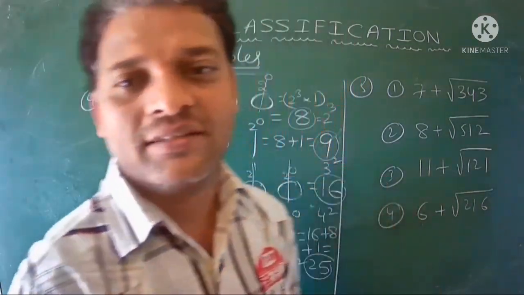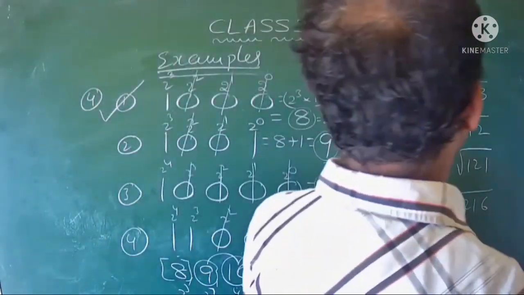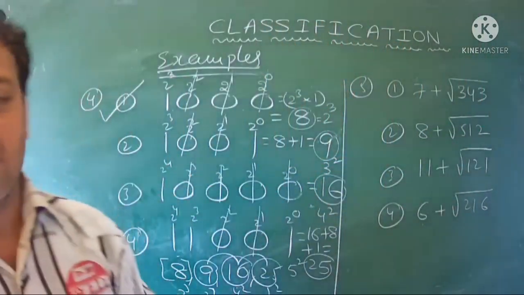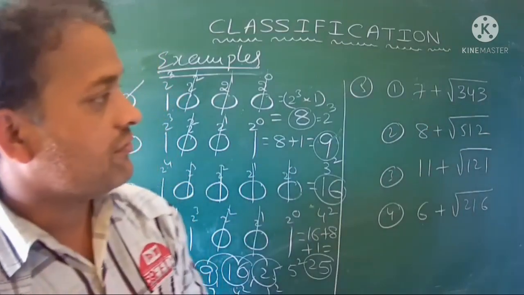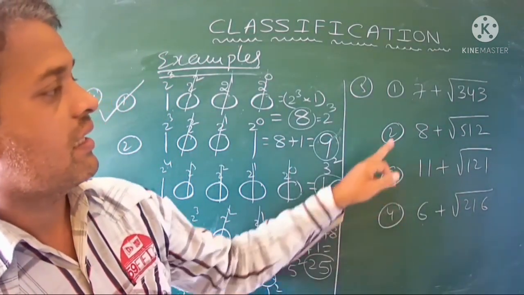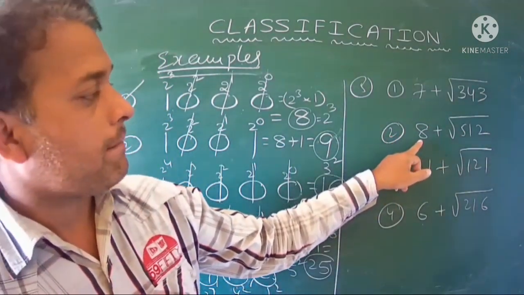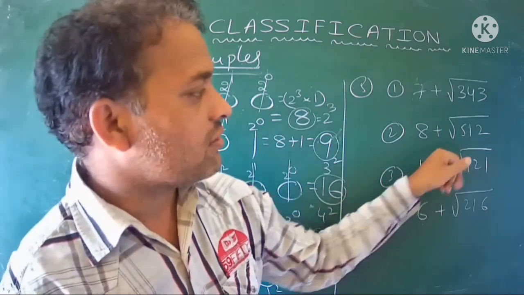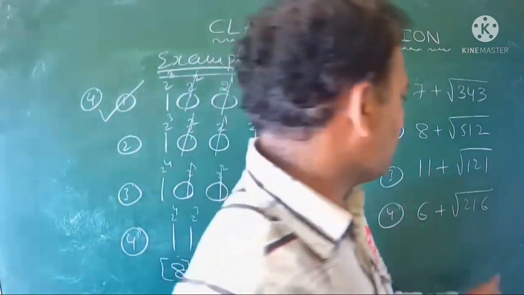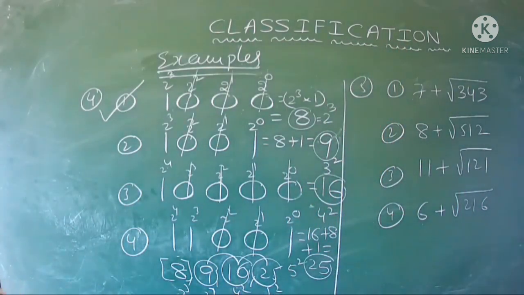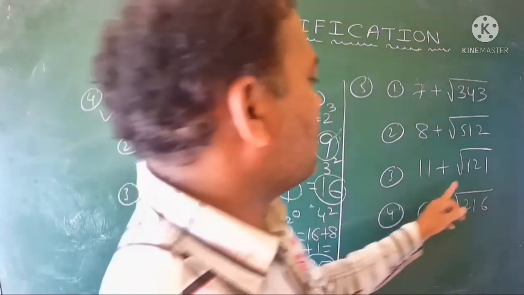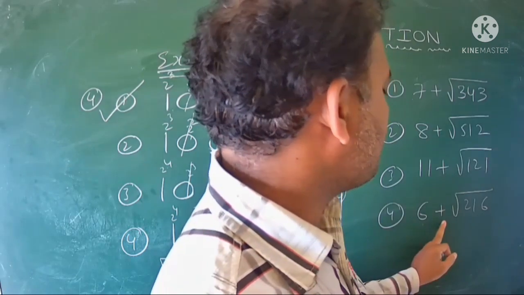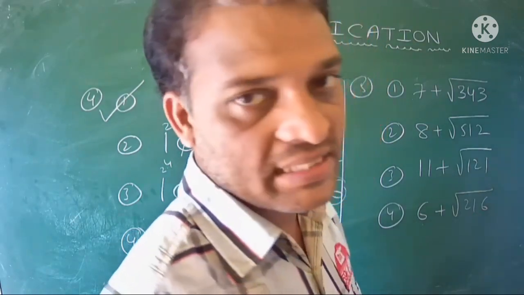Next, similarly, the fifth question is 7 plus square root of 343, and again 8 plus square root of 512, and again 11 plus square root of 121, plus 6 plus square root of 216.